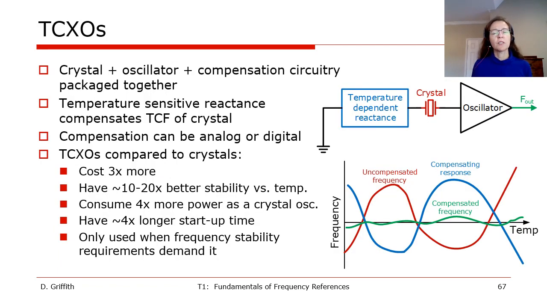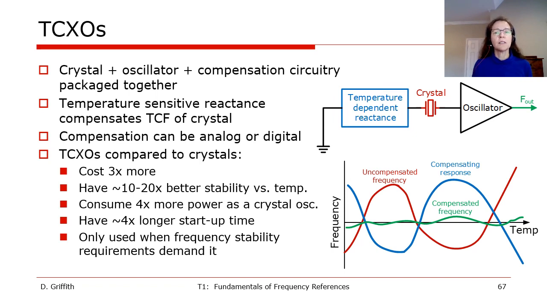In some applications, though, the 10 ppm stability over a wide temperature range that we saw on the previous slide is still not sufficient. So in these cases, we need to use a TCXO where the crystal oscillator and the compensation circuitry are all packaged together.